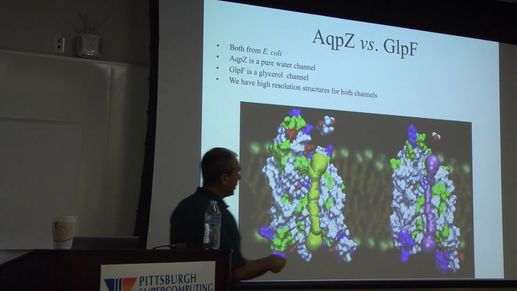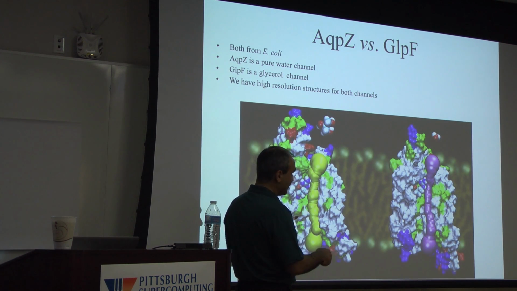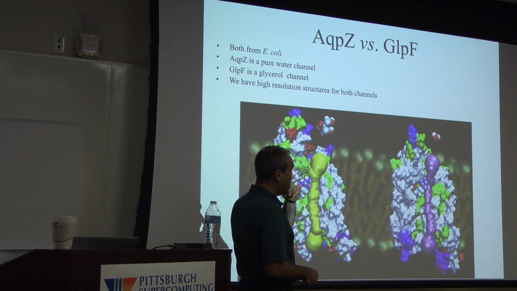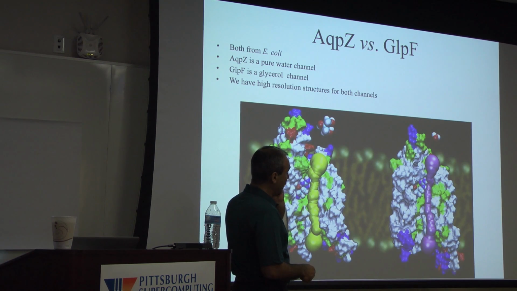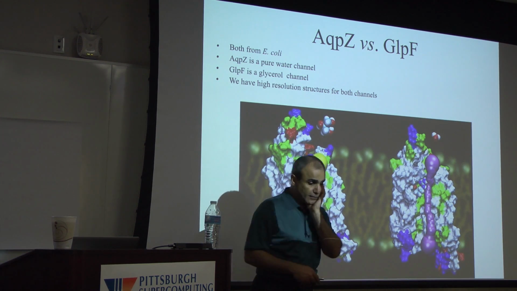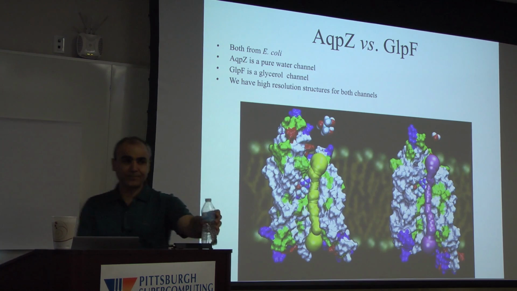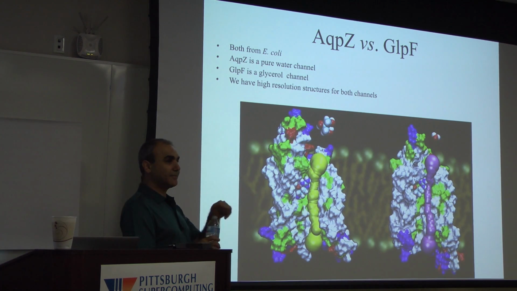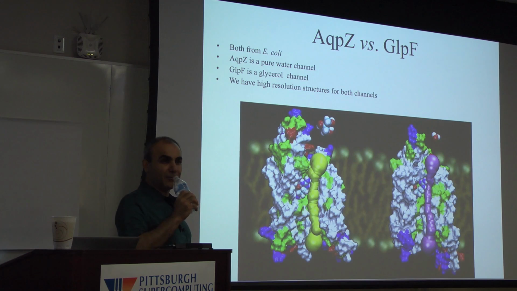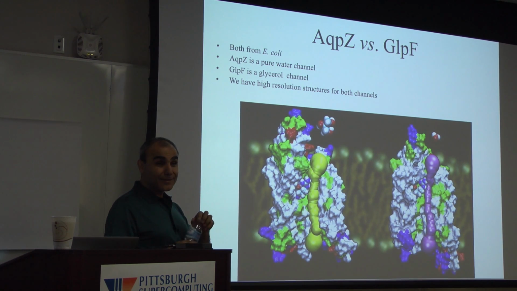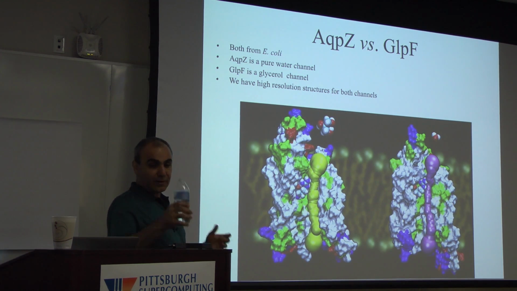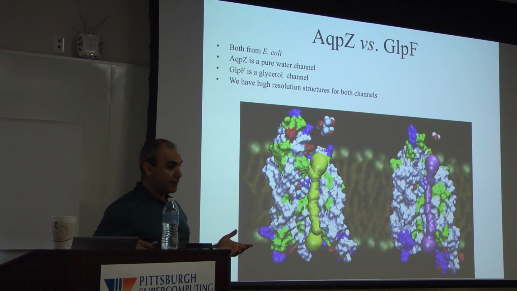In the case of water permeation, that was easy. It just happened in a few nanoseconds, because you have a lot of water molecules in the system. What's the concentration of water? 55 molar. And what's the concentration of most solutes in biology? 100 millimolar.